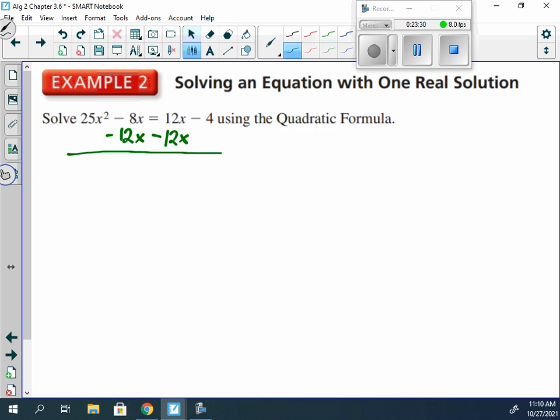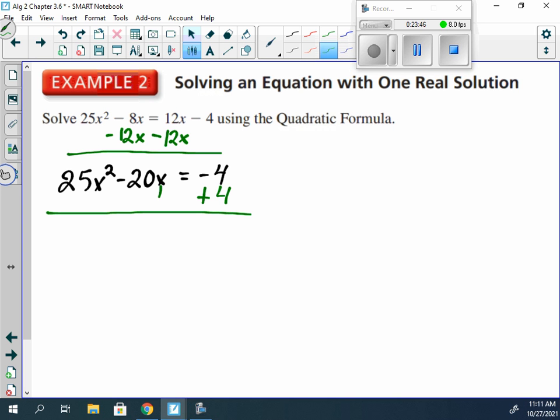Now what that tells us is that we have 25x squared minus 20x is equal to -4. Now again, we still need this to equal 0, so we would add 4 to both sides, which tells us that we have 25x squared minus 20x plus 4 is equal to 0.